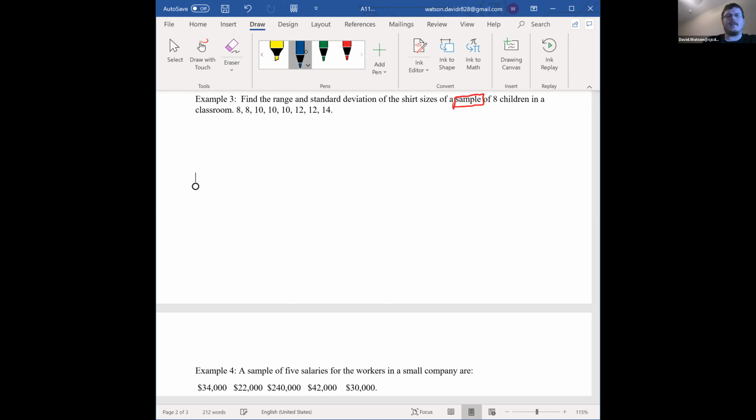All right, so if we start this off, we're going to make another table. So we start out with x, which is just our values.